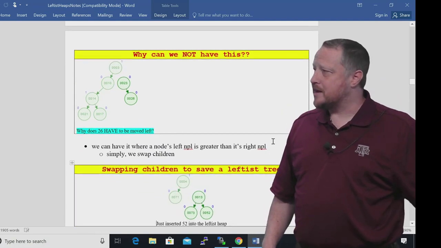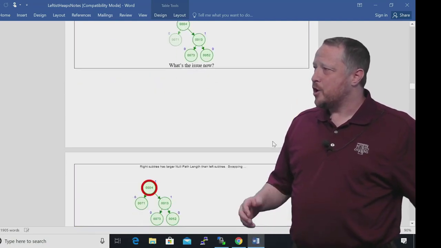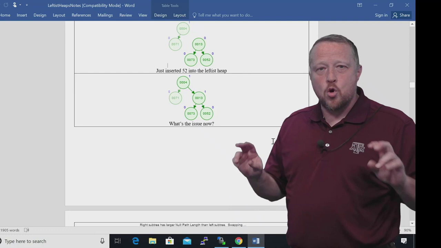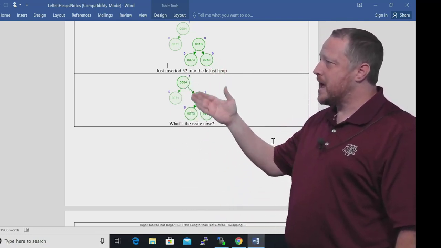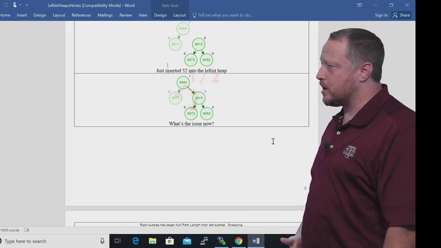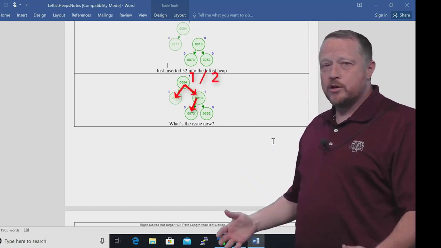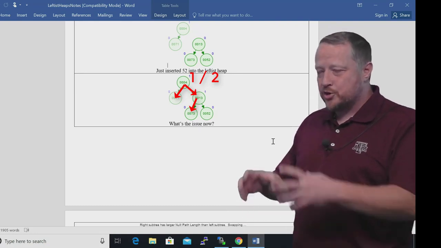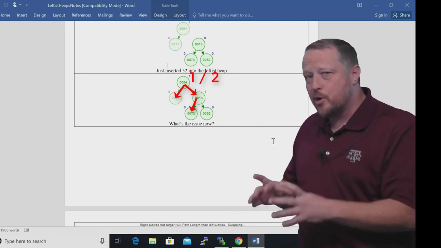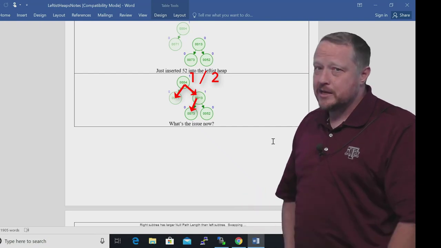And also in this last example here, the node itself that is in question, as I'll call it, here we added a 52, everything's fine with that. We're going to start connecting it back up to our major root. And then we notice that we have an issue with the root. But remember, whenever we have the issue with the actual node, it's not the node itself that we fix, it's the kids.